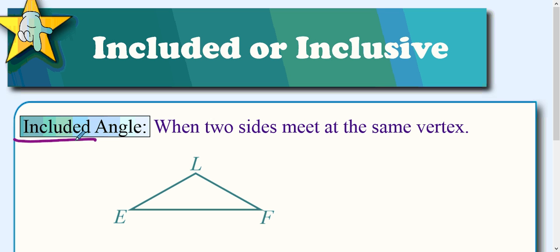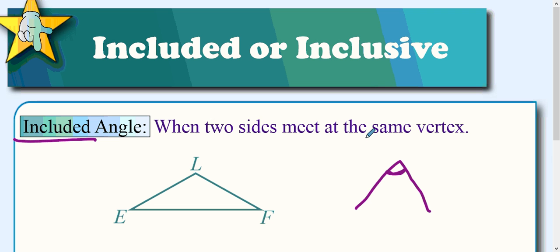So if you put your fingertips together and draw fingers this way and fingers this way, you make an angle. The angle between your fingertips would be the included angle. Whenever there's two sides, the angle between those two sides is the included angle.